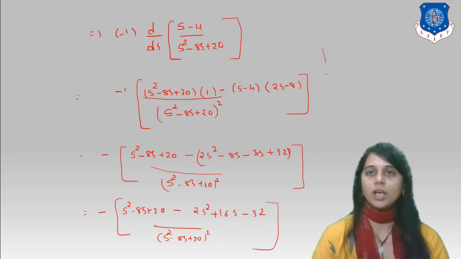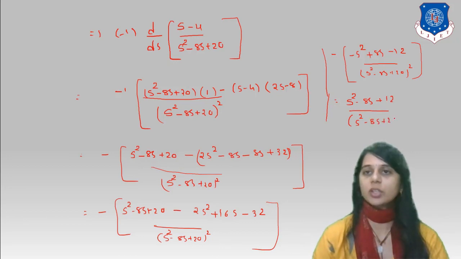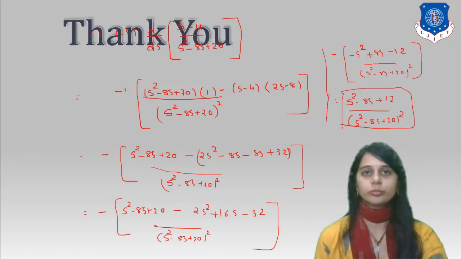So the answer is minus, s square minus 8s plus 20 minus 2s square plus 16s minus 32, which simplifies to minus (minus s square plus 8s minus 12) upon s square minus 8s plus 20 whole square. Taking minus inside, the last answer is s square minus 8s plus 12 upon s square minus 8s plus 20 whole square. So this is your last answer of the example. Okay, thank you.